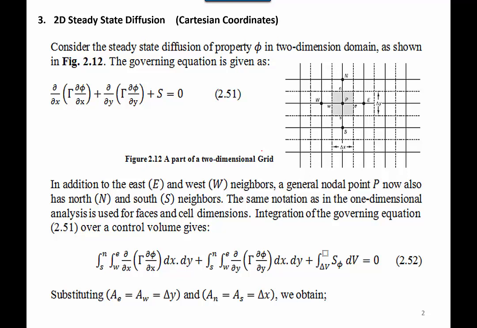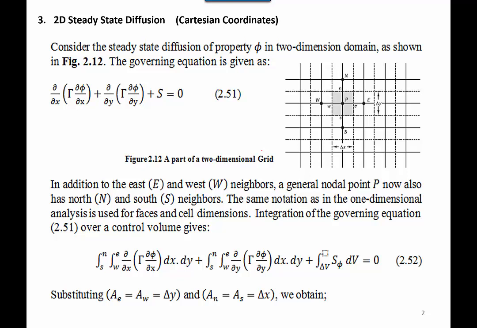And since there is only the diffusion process and no convection, the velocity vector u equals 0. Therefore the convective term will also be deleted, and the only remaining terms will be the diffusion term and the source term.